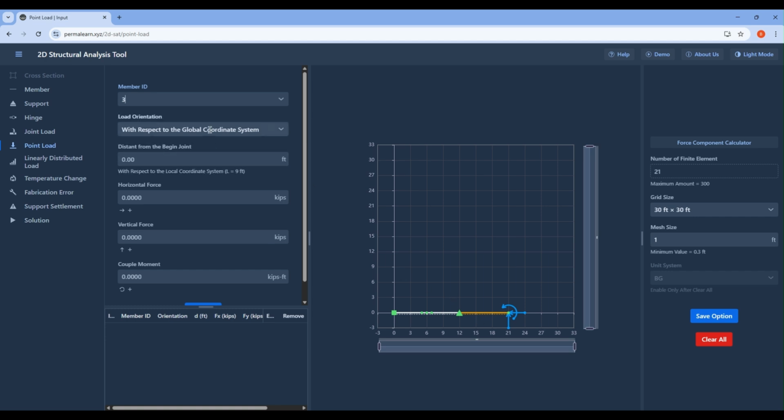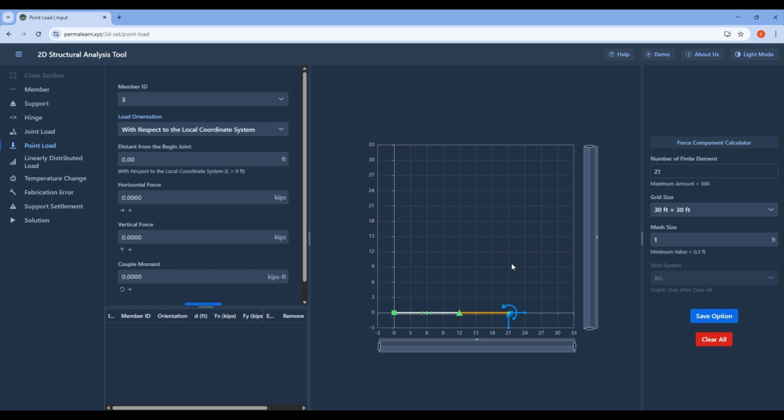And for the load orientation, the global coordinate system is referring to the coordinate that sticks with the whole structure. For example, if the whole structure is horizontal like this, it will stick with this horizontal axis. And the local coordinate system is referring to this member only, this member's axis only.